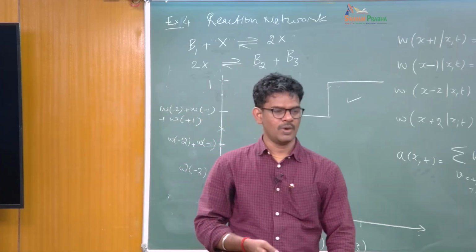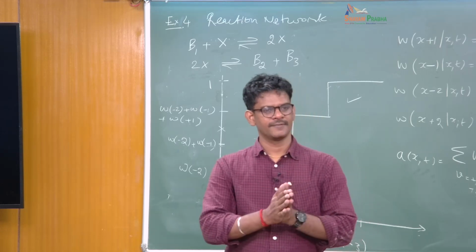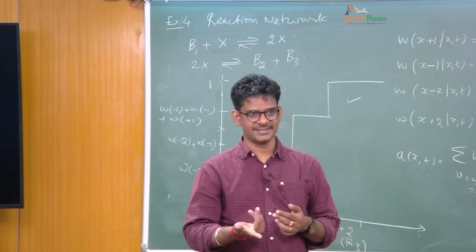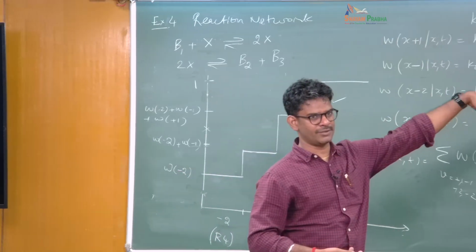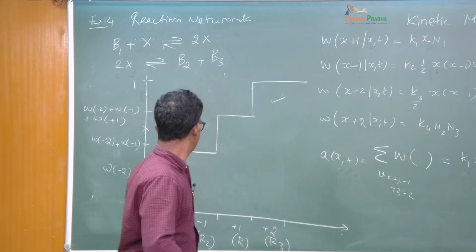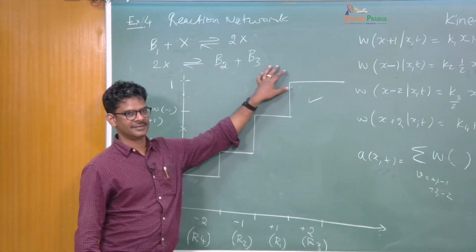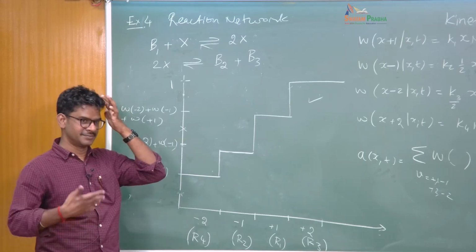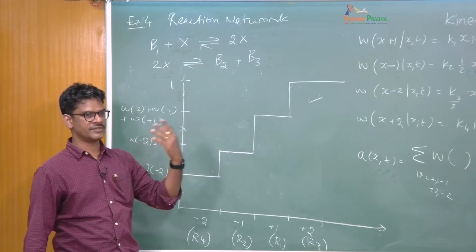Once a simulation step happens, you update the time, and you also update x. When you update x, immediately all these fractions will change for the next time interval, and this cumulative distribution will adjust accordingly. It may be that in the beginning one of the reactions is more likely to happen.